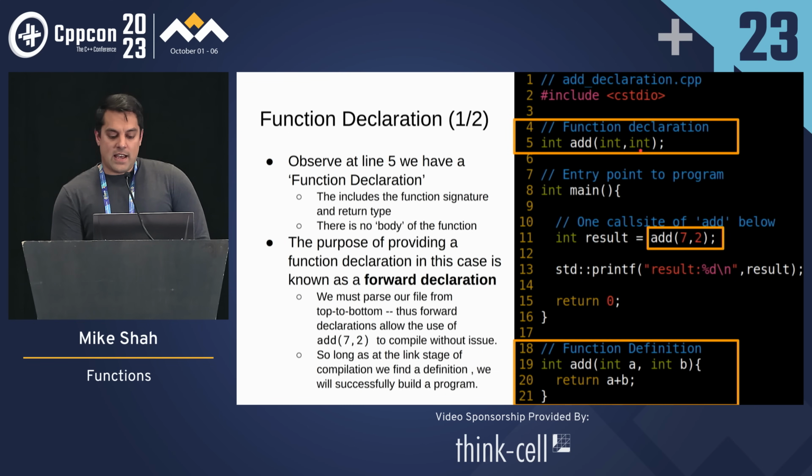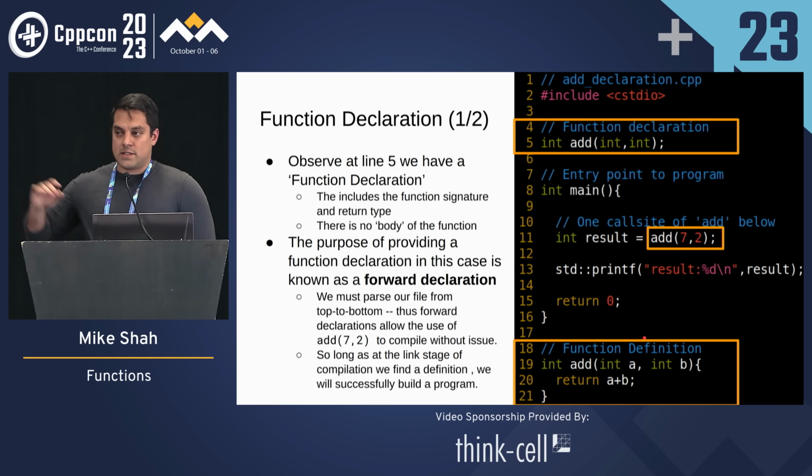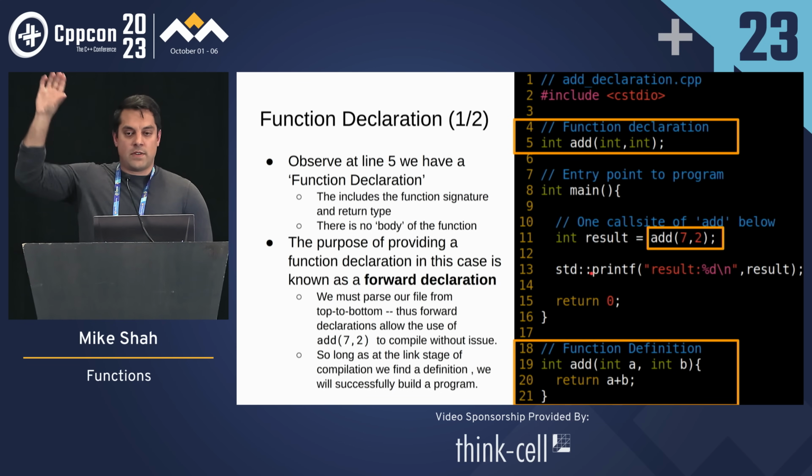And as long as I have that there, which we call a forward declaration, then I can, in my program anywhere after, like at line 11, make a call to that add function. I can do this so long as later on I actually do have a definition. So towards the lower end of the screen, you'll see I provide the body of that function, return a plus b. This is because C++ parses things from top to bottom.